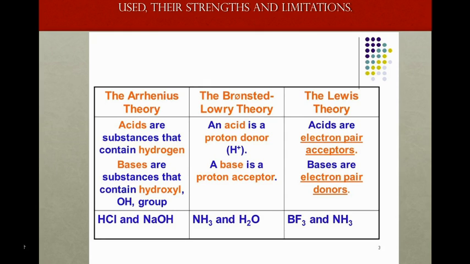It accepts the electron pair from the oxygen in the H2O to create the 6 water molecules around the transition metal. So it has accepted an electron pair, so complex hexa-aqua ions are acids. We couldn't have defined them using the Bronsted-Lowry theory or the Arrhenius theory.